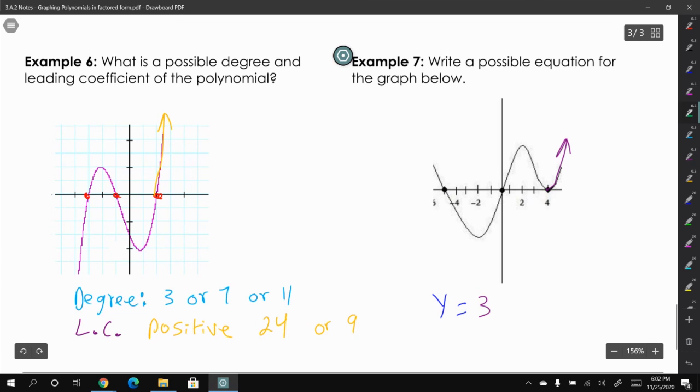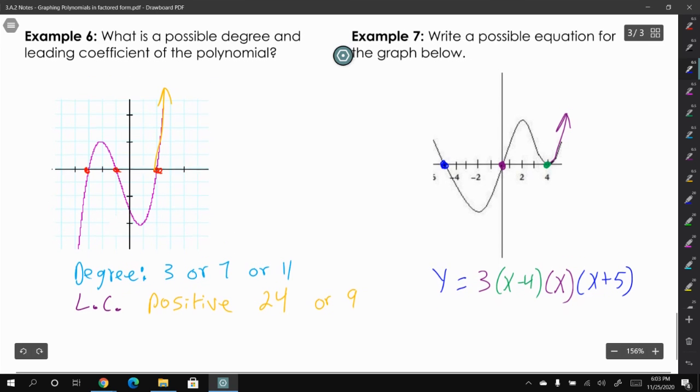Then I look at each of my zeros. Okay, this is 4, 0, so that means I need x minus 4 as one of my factors. This is 0, 0, so that means x minus 0 as one of my factors, so we just write x instead. And then that is negative 5, 0, so we need x plus 5 as one of my factors.